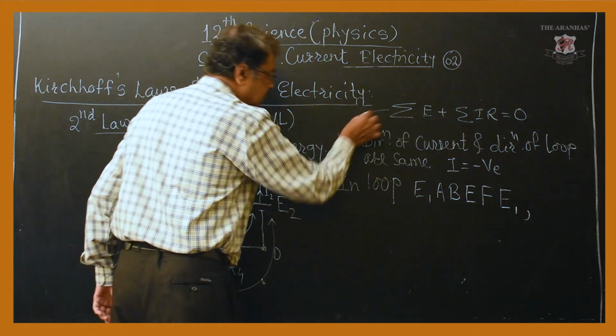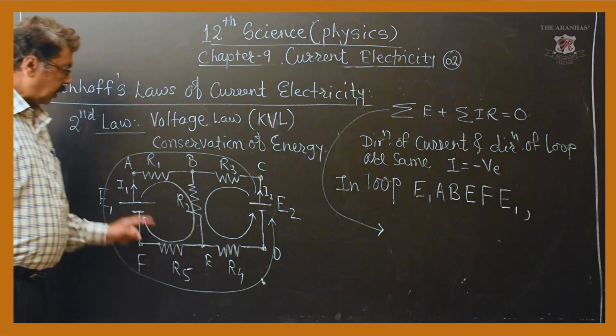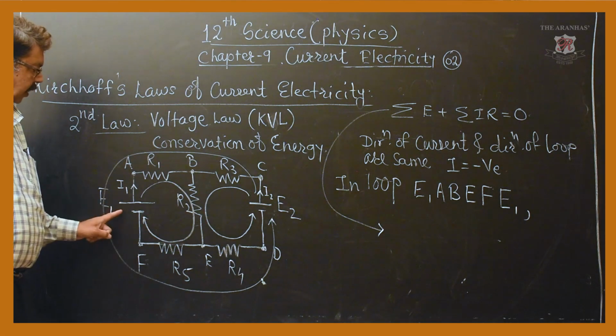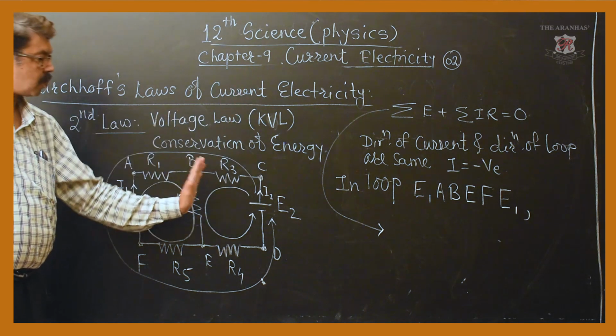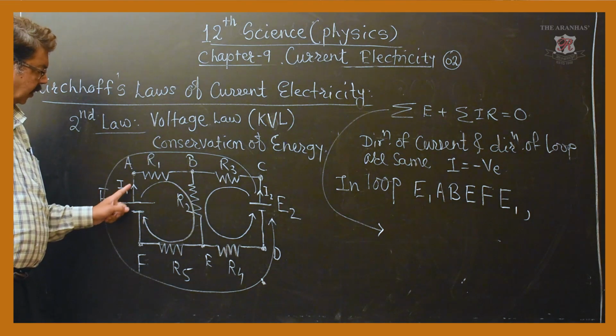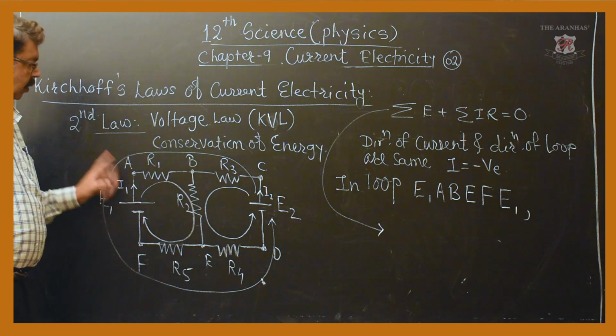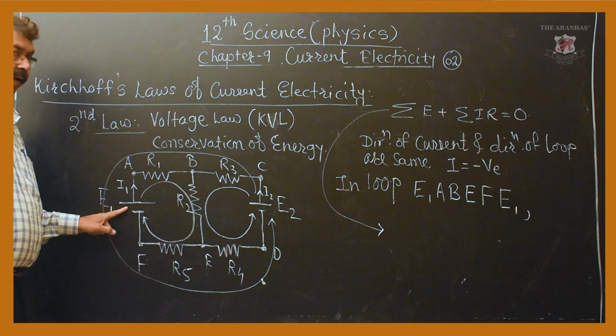Now apply this law. In this particular loop, there is only one cell, although there is a second cell on the other side which we are not concerned about. So, in this particular loop, how am I going to start? Start from the positive terminal of the battery.